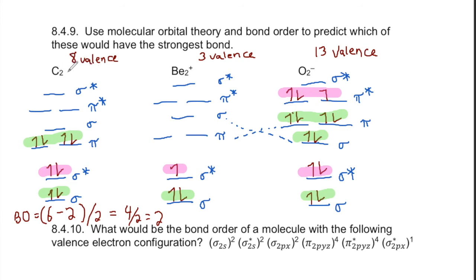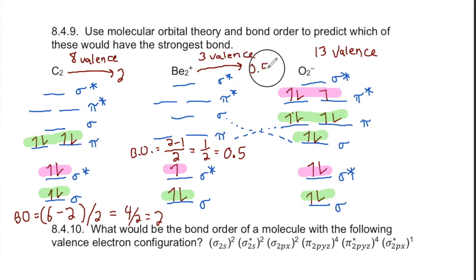So carbon would have a bond order of 2. Beryllium's bond order, I'll put up here. We have 2 bonding electrons, 1 anti-bonding electron, and that goes over 2, which is 1/2. We can also write that 0.5. So beryllium cation here is a 0.5 bond order.